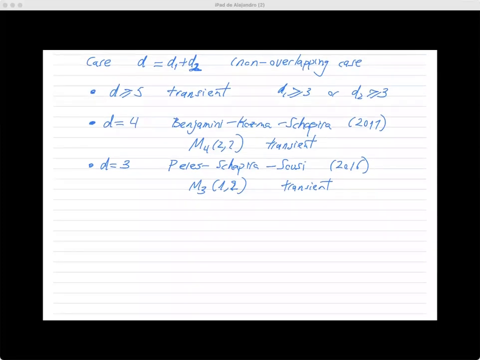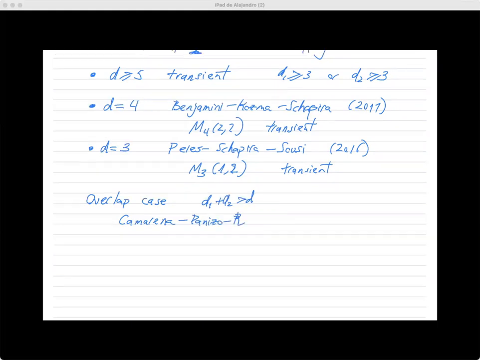Then in the case where there's overlap, so I mean D1 plus D2 larger than D, we looked at this with Camarena, Gonzalo Panizo, and myself recently.